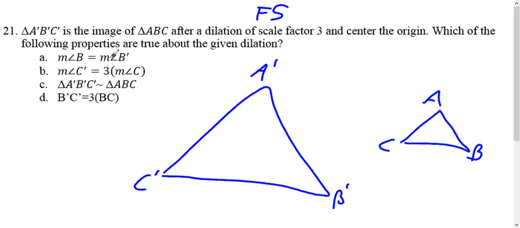So angle B is equal to angle B prime. Yes, the angles stay congruent. The angles do not get multiplied by 3. The triangles are similar. Yes, that's true, as dilation does create similar figures. And then last, B prime C prime is 3 times the length of BC. That is also true. Side lengths get the scale factor.